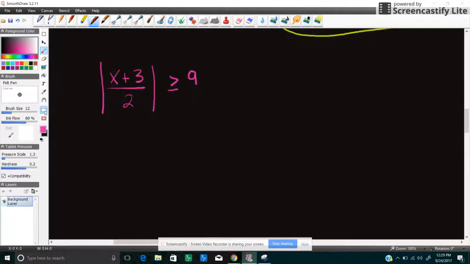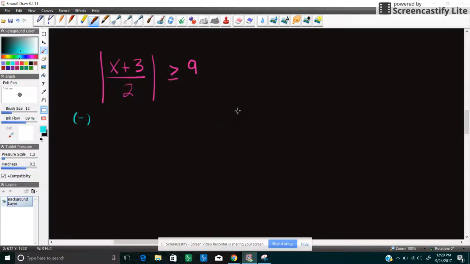This problem doesn't have anything extra, meaning the absolute value portion is isolated, so I don't have to do any kind of rewrite. I'm going right into the negative and positive of this. Here's my negative, here's my positive. Remember, this one is going to be less than, and this is going to be greater than. That means an equal to in this case, because this was an equal to.